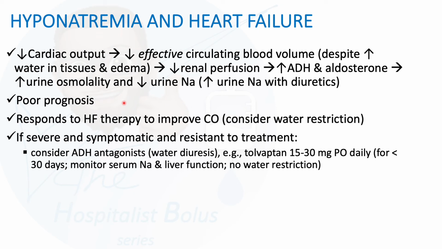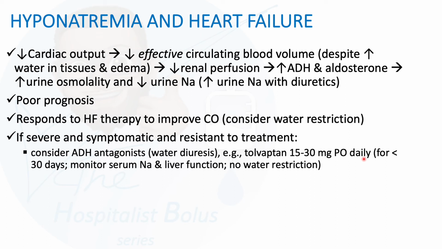And then if the hyponatremia is severe and symptomatic and resistant to treatment, and again, this is usually associated with poor prognosis, unfortunately, in heart failure, you might consider an ADH antagonist, which can lead to water diuresis and get rid of the excess water. For example, using tolvaptan, 15 to 30 milligrams orally daily.